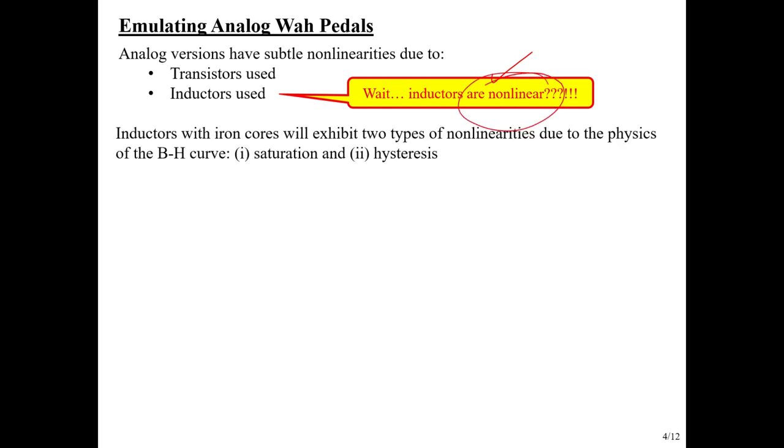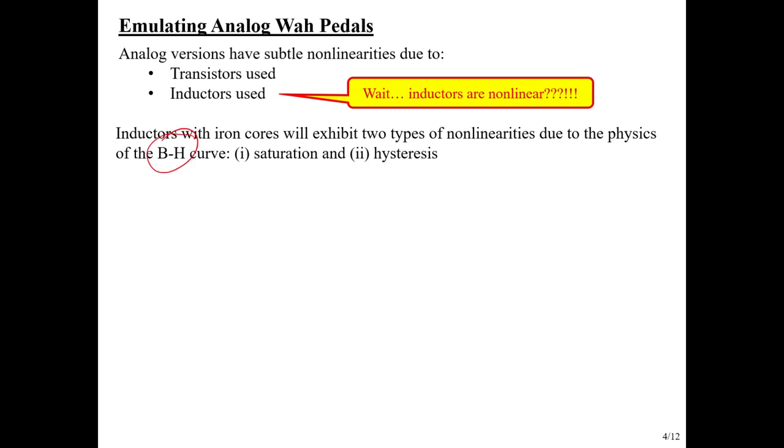And so the nonlinearity comes just from the physical limitations of how the inductor is built. So inductors are typically built with wire wrapped around an iron core of some sort. If you look into the physics of this, you can find the so-called BH curve.